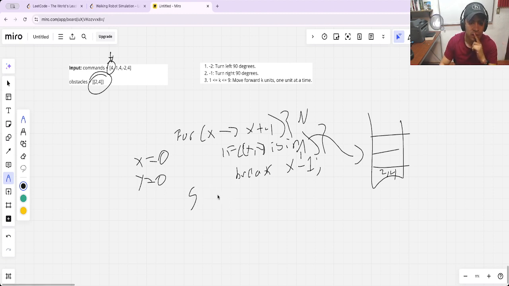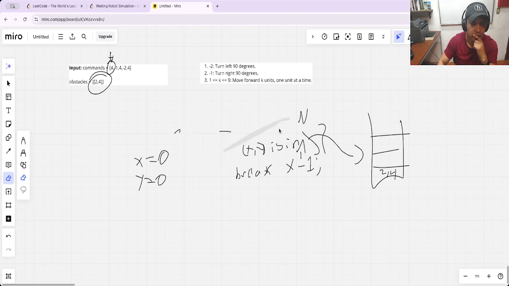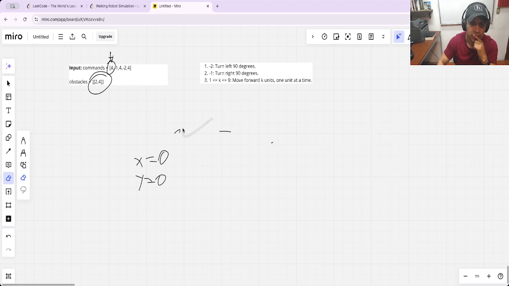Now obviously this is inside a while, but I still have the problem of how to handle the directions.